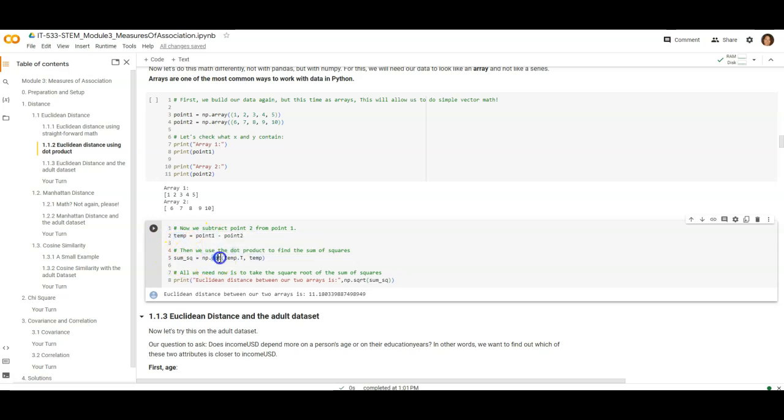So what we need to do now is we have set our arrays up side by side here. All we need to do is take the dot product. That means item 1 in point 1 times item 1 in point 2. Then item 2 in point 1 times item 2 in point 2, and so on and so on.